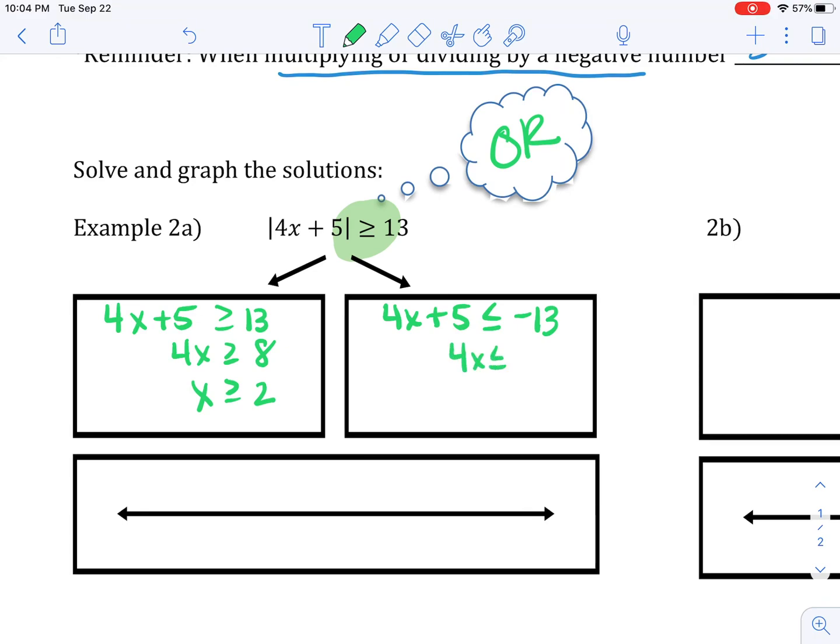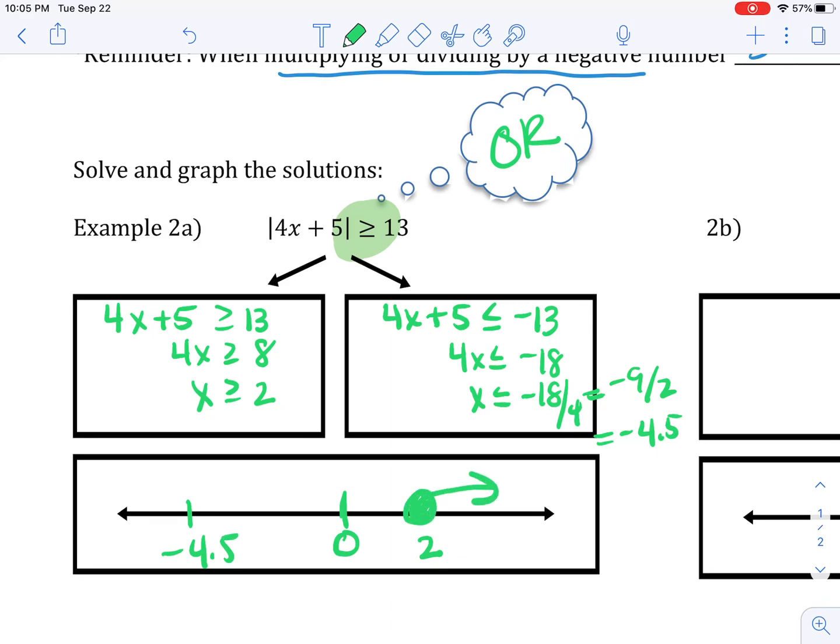Again, subtract 5 here. Now I'm going to have negative 18. Divide by 4. When you divide by 4, that would be the same thing as negative 9/2, which would be the same thing as negative 4.5. On my number line, I've got a 2 and a negative 4.5. X is greater than or equal to 2, so that would be going that direction.